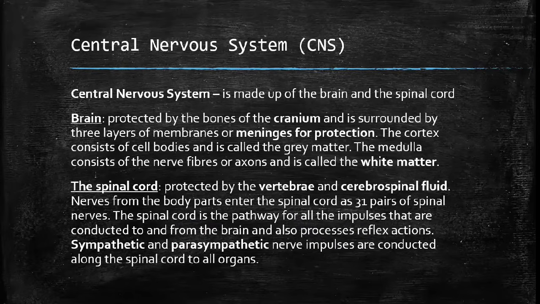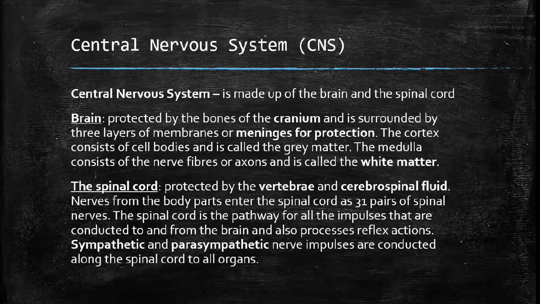Now, the spinal cord is protected by what we call the vertebral column or the vertebrae, and is also protected by what we call the cerebrospinal fluid, which is a very important and a very special fluid. It plays a very important role. And the nerves from the body parts enter the spinal cord as 31 pairs of spinal nerves.